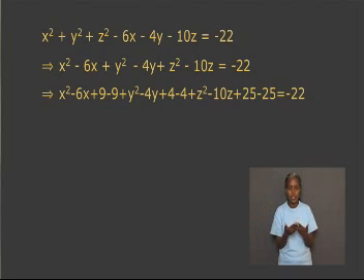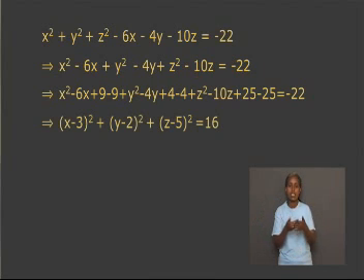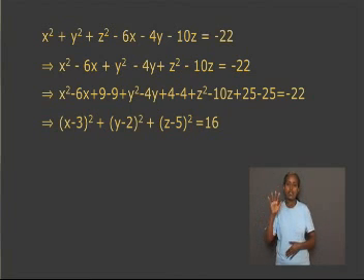Simplified, the equation becomes x minus 3 squared plus y minus 2 squared plus z minus 5 squared equals 16.